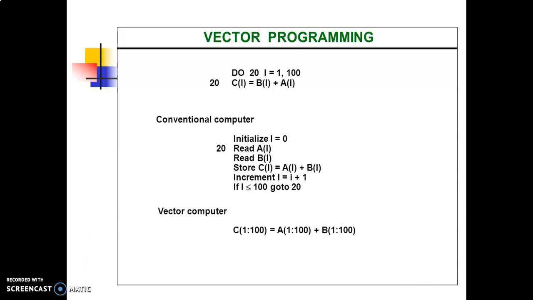The loop control variable is then updated and the steps repeat 100 times. A computer capable of vector processing eliminates the overhead associated with the time it takes to fetch and execute the instructions in the program loop.